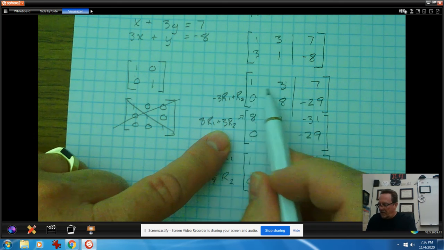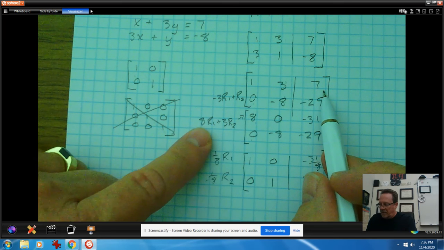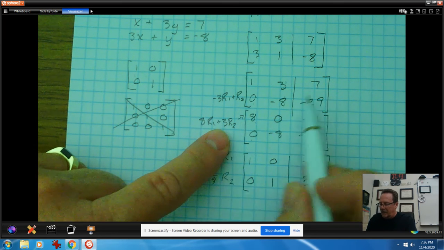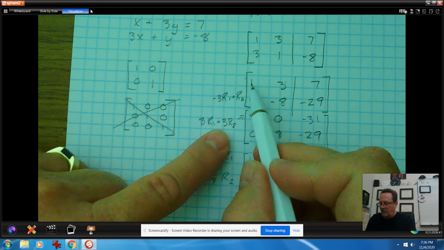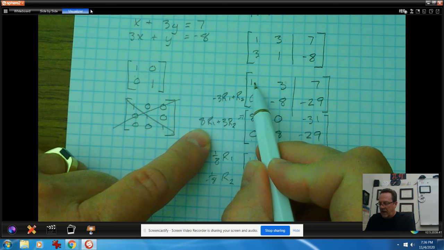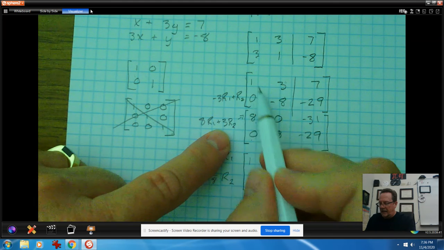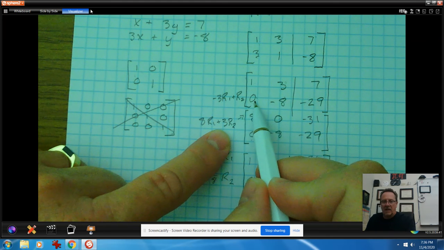Take every number in this first row, multiply by 8, and add it to 3 times every number in this row. So 1 got multiplied by 8, and then I added it to 3 times 0.